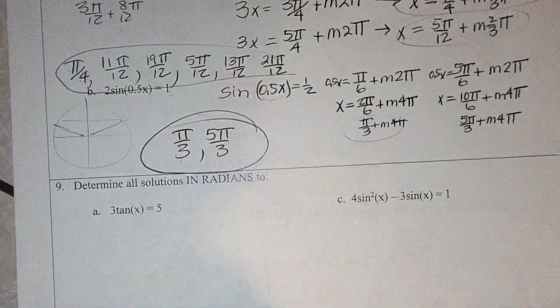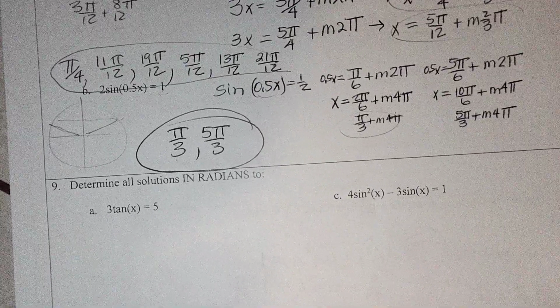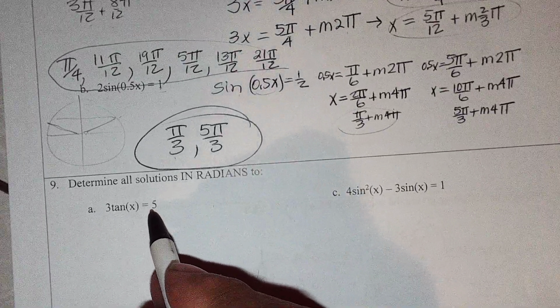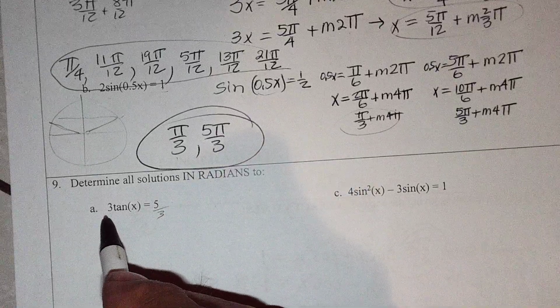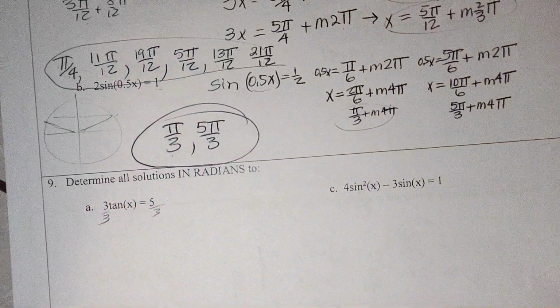So now this just says find the solutions in radians. So you divide by 3 on both sides, and then do tangent inverse.